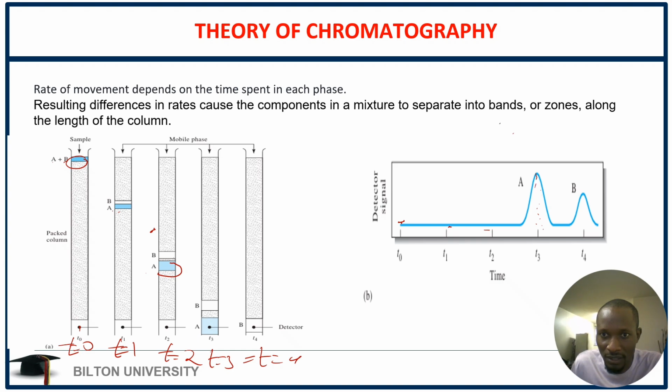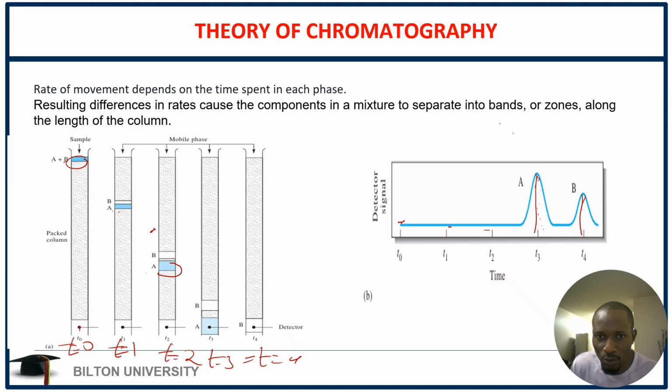So you can see the time separation took place. Here we're going to introduce terms like column resolution and column efficiency, and you can see there's a better column efficiency because there's a better separation.